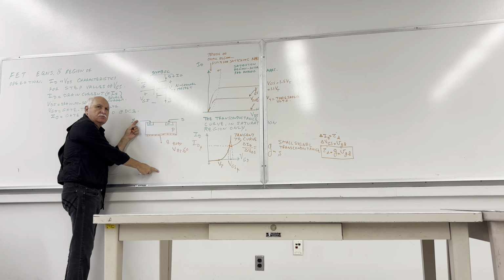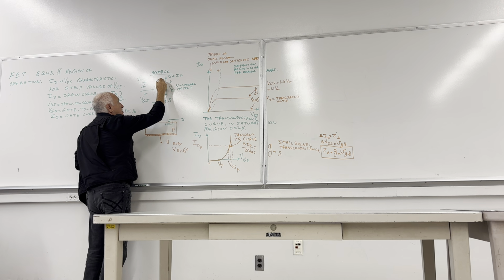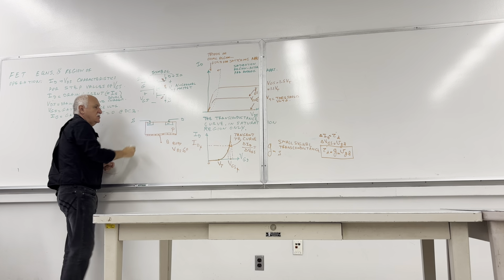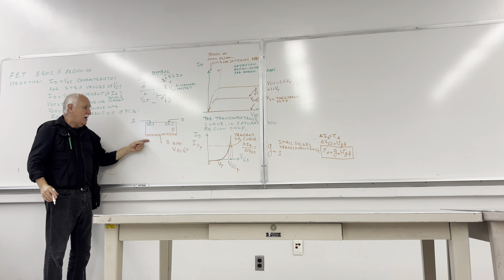When B is connected to the S, that model will apply. This part is the B of it, this contact. So that is the S, that is the B, and this is a P-type substrate, and the B is the open terminal.